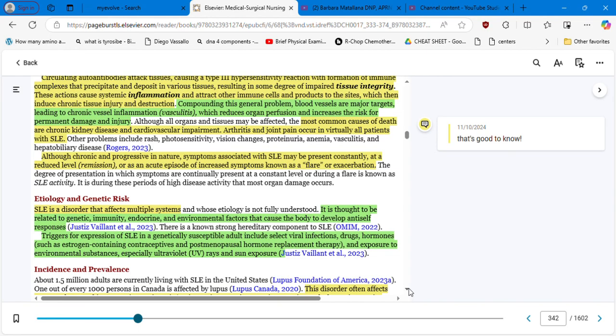Triggers for expression of SLE in a genetically susceptible adult include select viral infections. It could be drugs, hormones such as estrogen-containing contraceptives and postmenopause hormone replacement therapy, and exposure to environmental substances.